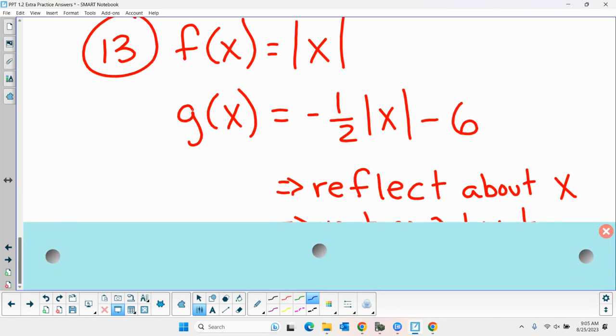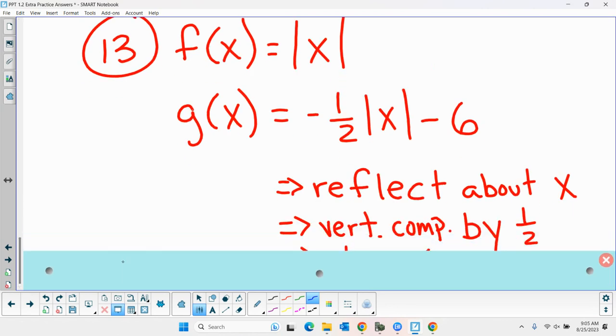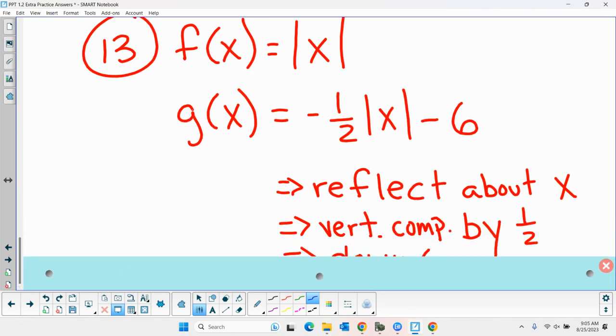We got the 1/2. So we vertically, I was writing compression last year, but vertically shrink, trying to do what the book says, by 1/2, because of that 1/2 there, a fraction between 0 and 1, right, is vertically shrinking it.